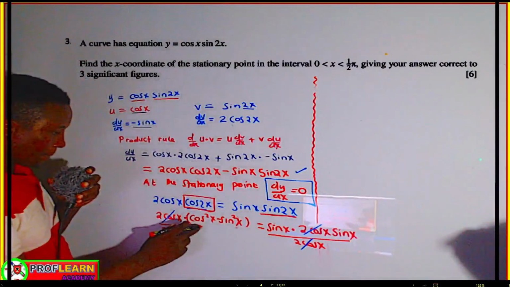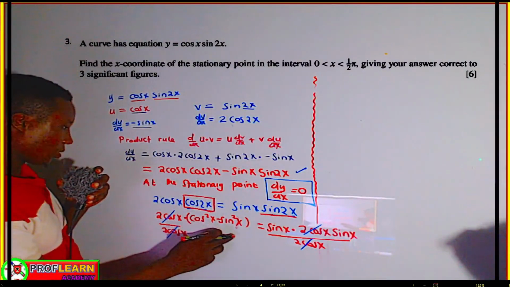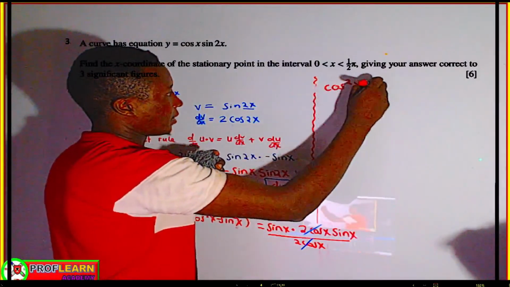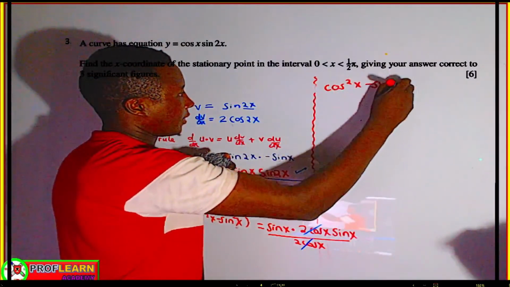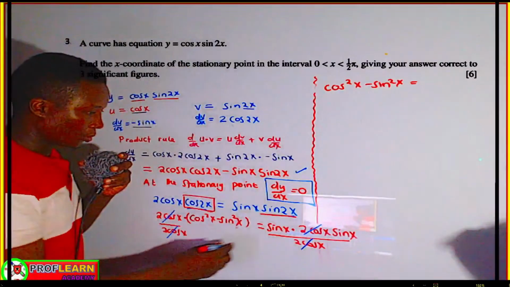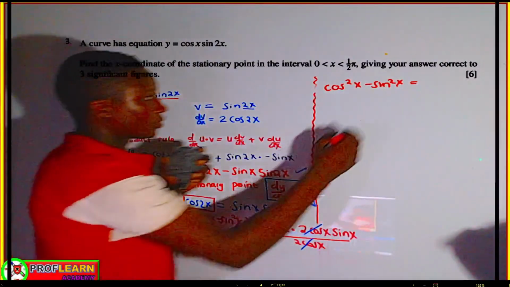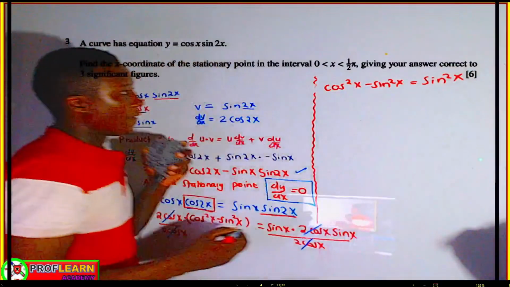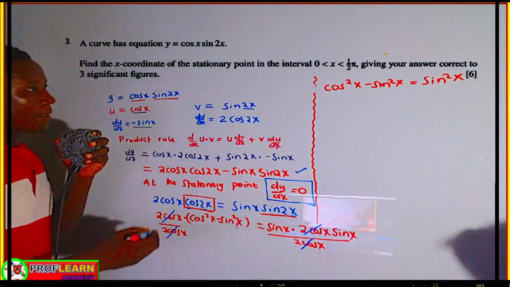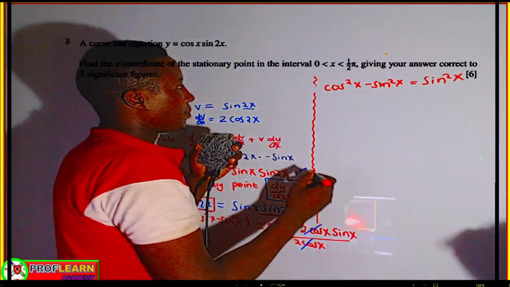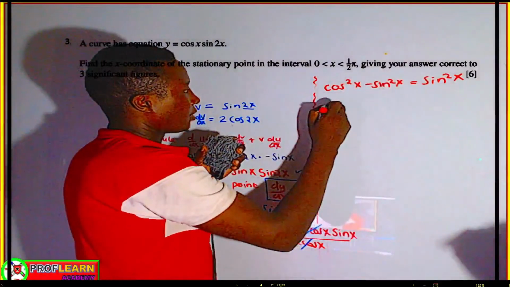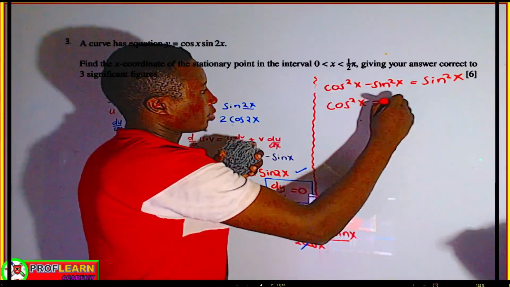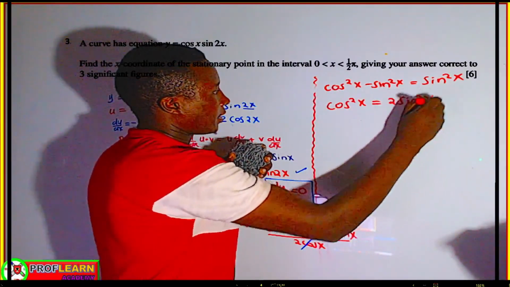This is going to be cos squared x minus sine squared x, equal to this, and this gives us sine squared x. That means we can take this to the other side of the equal sign and end up with cos squared x equals 2 sine squared x.